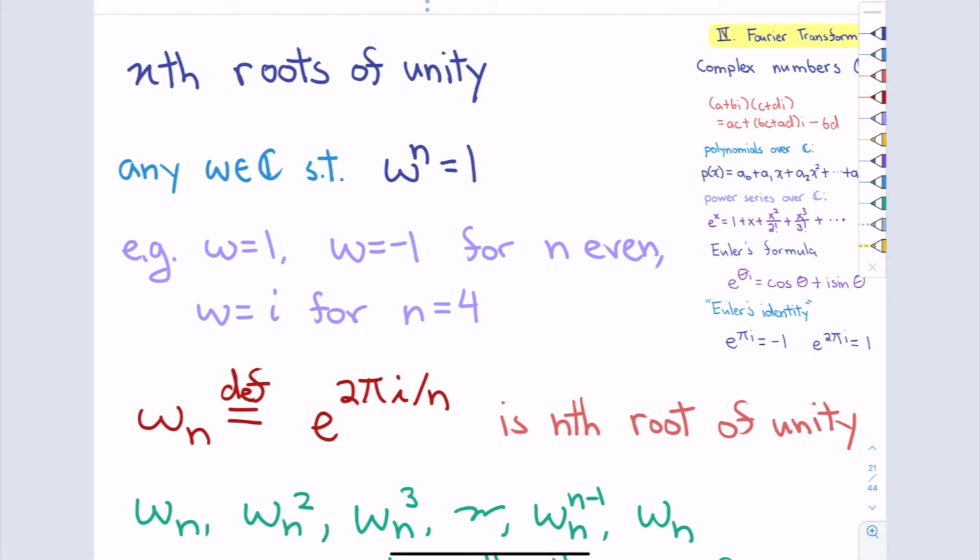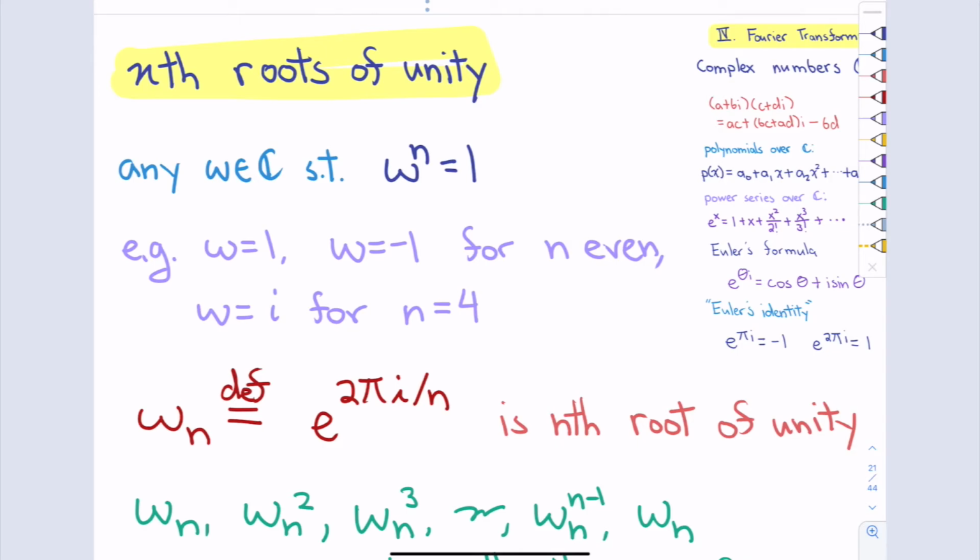All right, one last set of definitions: roots of unity. These are numbers where the nth power is equal to 1. For any n, the number 1 is an nth root of unity, because 1 to the 10 is equal to 1, 1 to the 100 is equal to 1, of course. -1 is a root of unity whenever n is even, right?